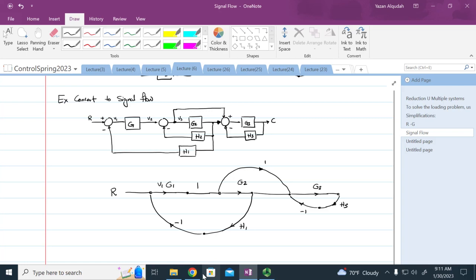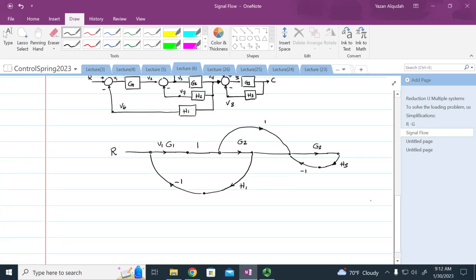So we have V1, V2, V3. Let's call this V4. This is V5. And let's have this as V6. And this as V8. And this as V7. So we have V1, this is V2, this is V3, this is V5, V8, V6, and we are missing 1. This is H2, and this is V7.